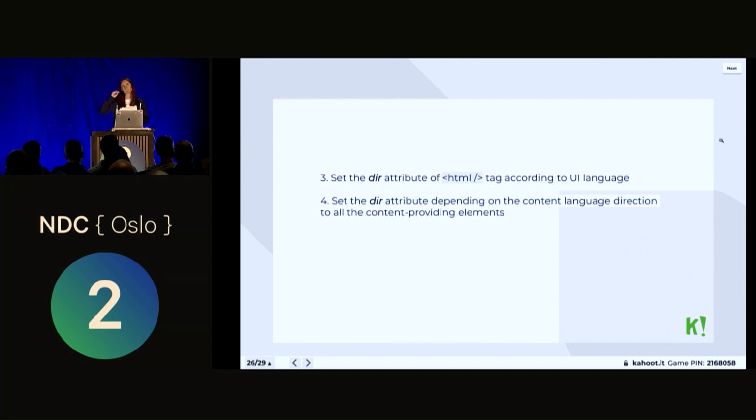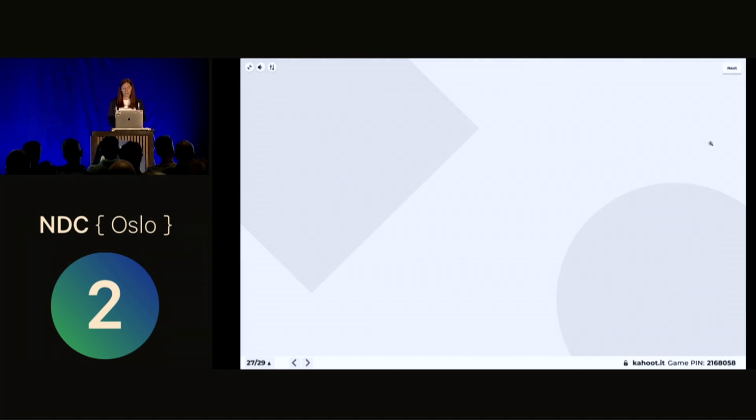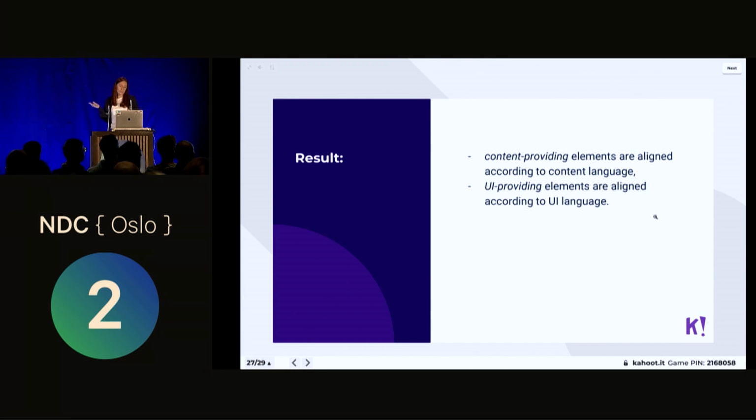And then we need to set several more directional attributes on all other elements which are content providing. And this leads us to the result that content providing elements are aligned according to content language, and UI providing elements are aligned according to UI language.